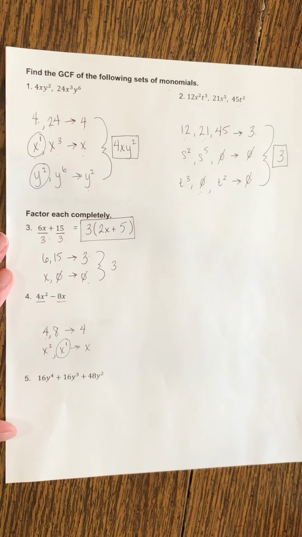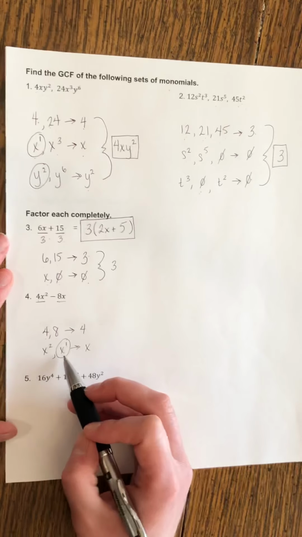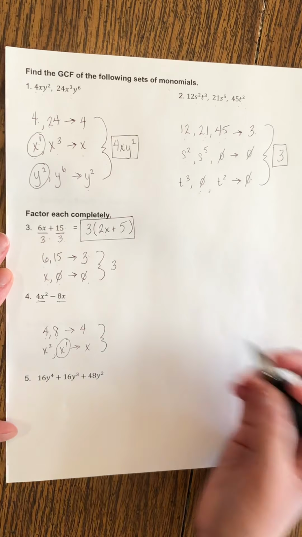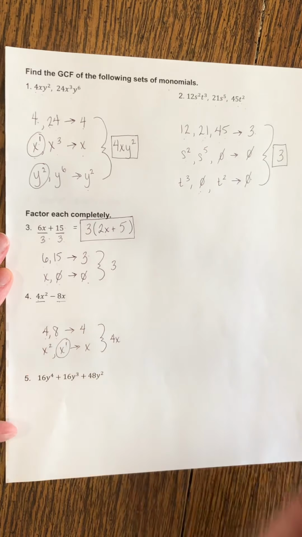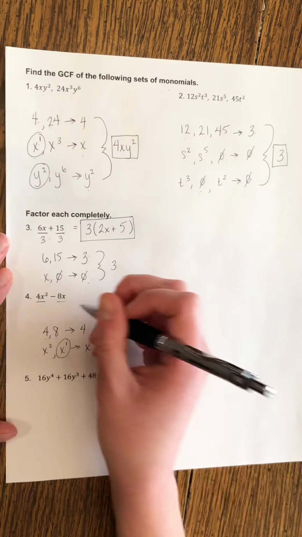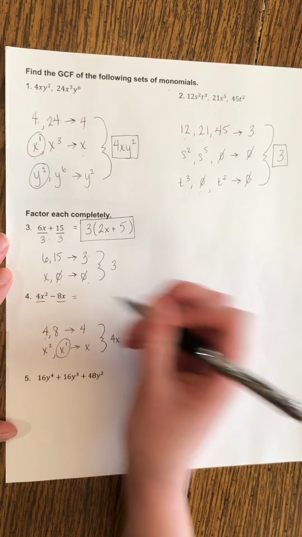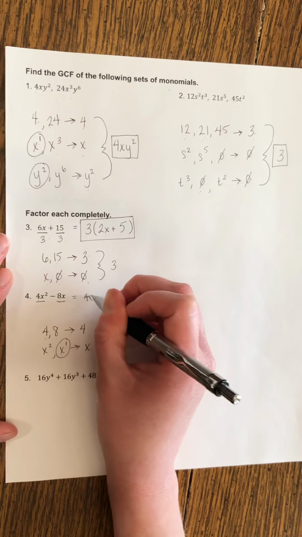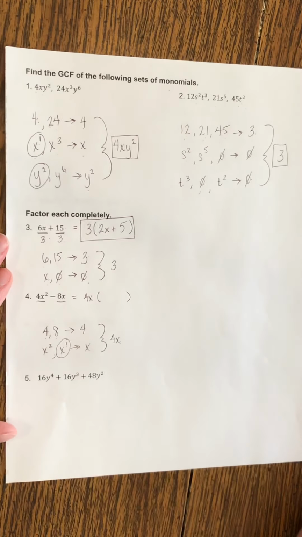So x to the first power would be the GCF of the x's. I'm going to put the two GCFs together with multiplication. What we're going to do next, though, is factor out this GCF. So I'm going to write the GCF, and I'm going to put a set of parentheses.